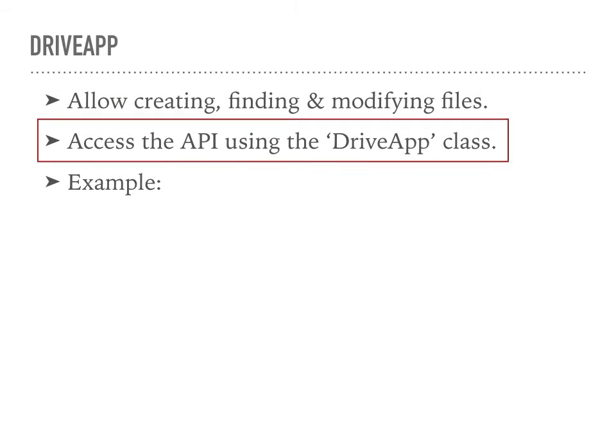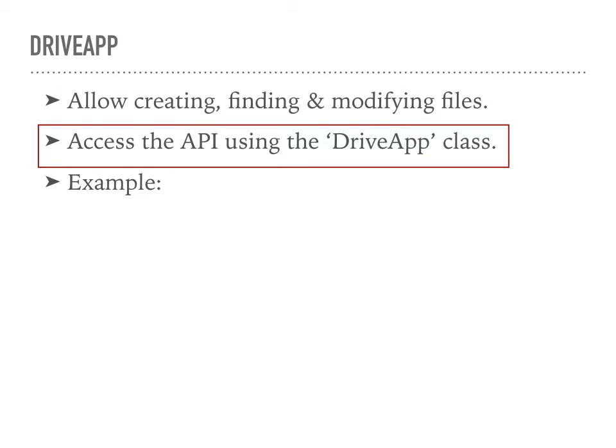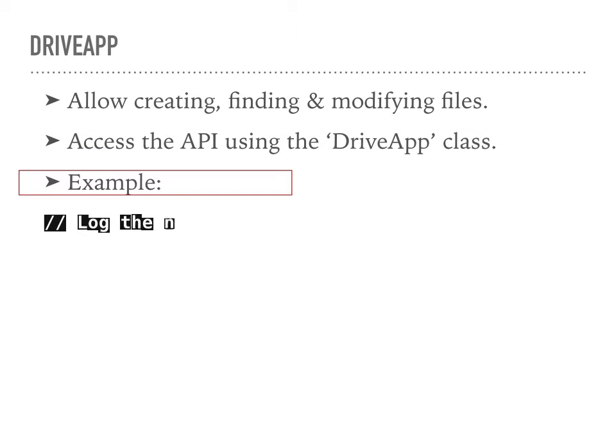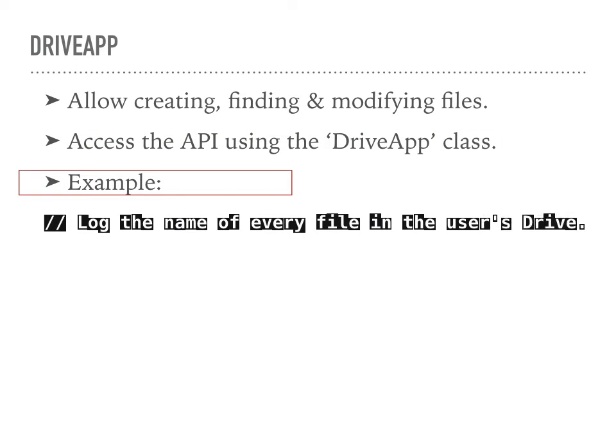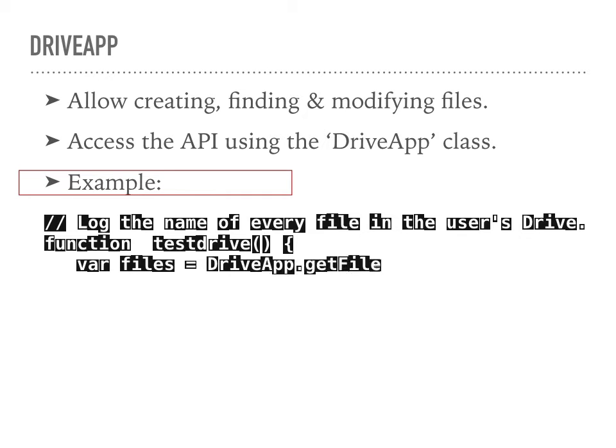We can access this API using the DriveApp class. Here is a small example where we log the name of every file in the user's drive. We define a function called testDrive. In this function, we create a variable files that uses the DriveApp class to get all the files.